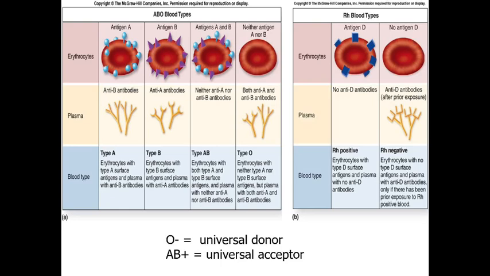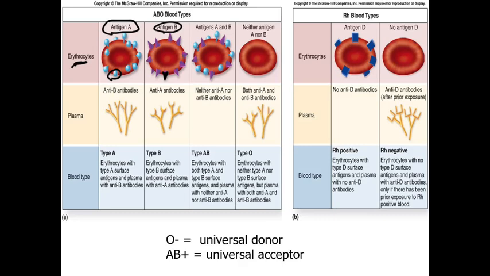So how does this work? On the surface of your red blood cells, perhaps you've inherited the A antigen from your parents. And if you do, it's shown here in these little blue dots. And they would be all over the surface of your red blood cells. If you inherited the B antigen, then you would have, in this cartoon, these purple spikes.